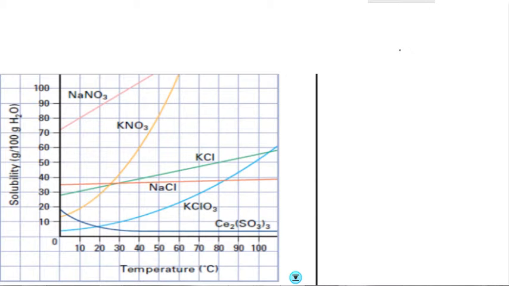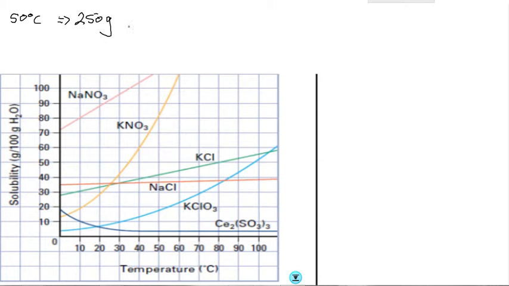Now, what about if we're given a larger volume of water? So this time we'll take something different. We'll go to potassium nitrate. So we've got potassium nitrate at 50 degrees Celsius, and we have, let's say, 250 grams of water this time.